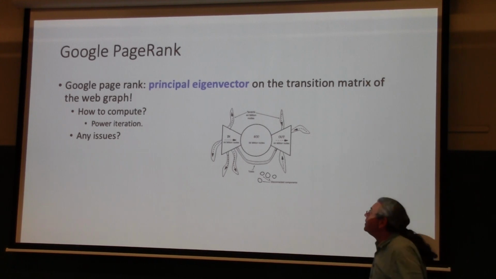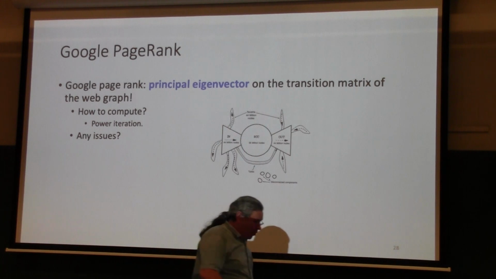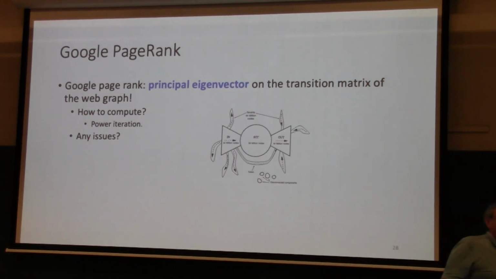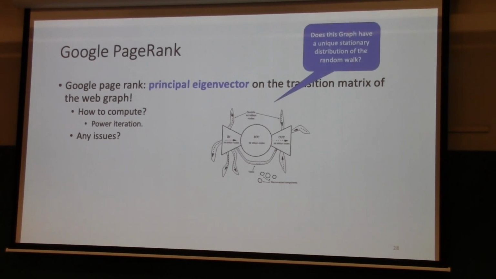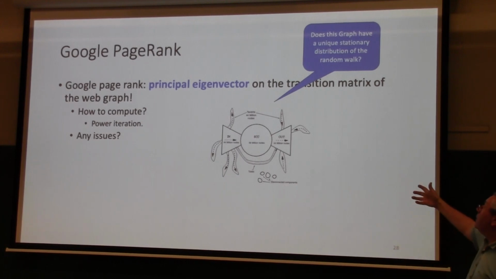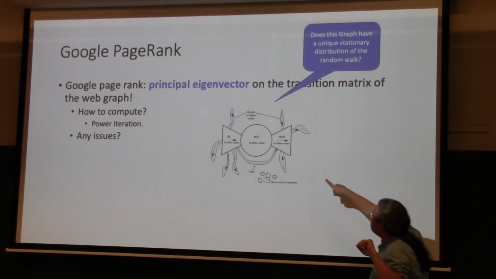So can you see any issues with that? Well, not so many computers can store 10 to the 20. That's one issue. But there are more issues. We're trying to make it practical now. So one issue is the matrix is huge. The other issue is, remember this diagram?